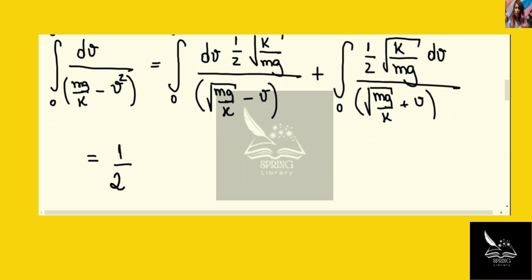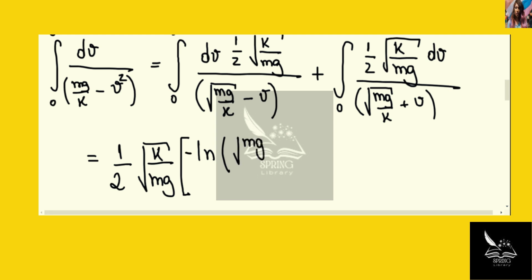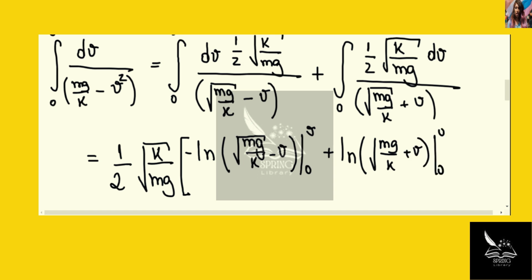So we have 1/2 the square root of k over mg times minus the logarithm of the square root of mg over k minus v from 0 to v, plus the logarithm of the square root of mg over k plus v from 0 to v.